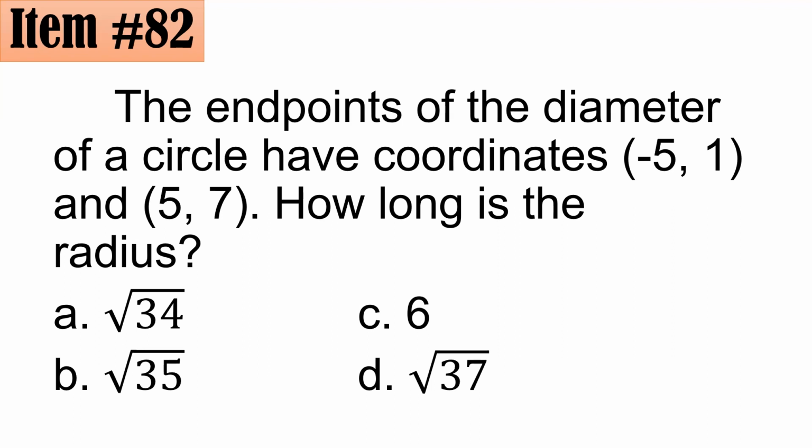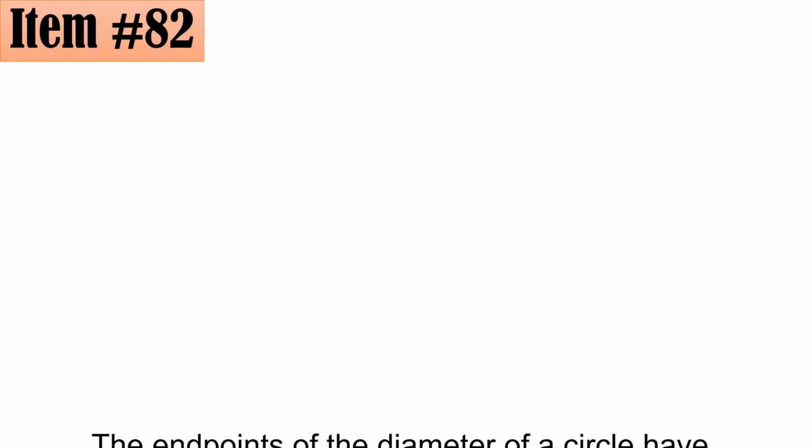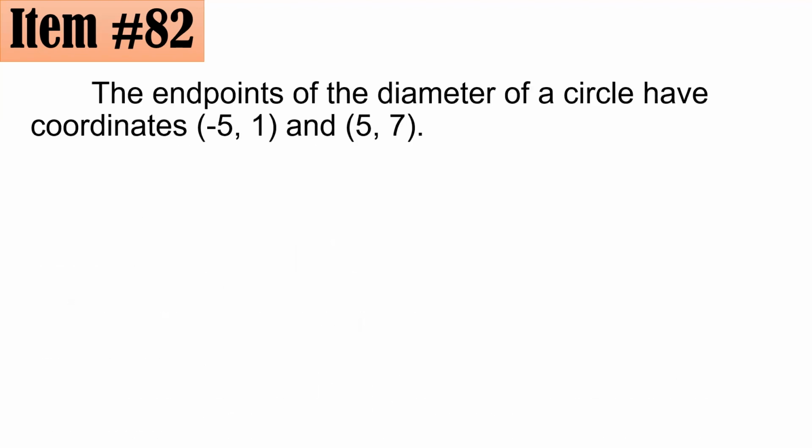Take note, this is a diameter. And we know that the length of your radius is 1/2 the length of your diameter. So with that, we first need to find how long our diameter is. We were given here 2 points, (-5, 1) and (5, 7).